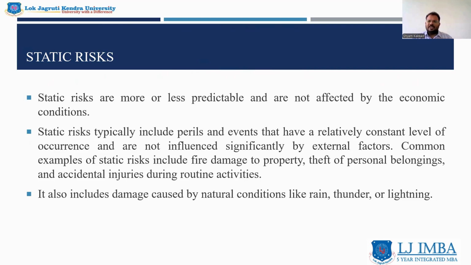Common examples of static risk would be fire damage to the property or theft of personal belongings or accidental injuries while doing routine activities. Static risk might also include natural calamities or risk emerging from natural calamities such as rain, thunder, or lightning.